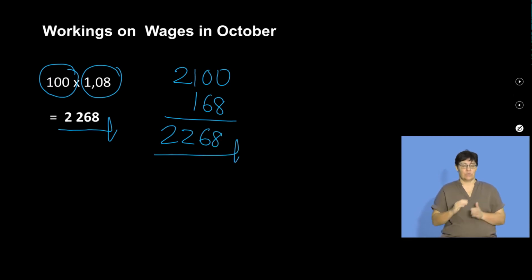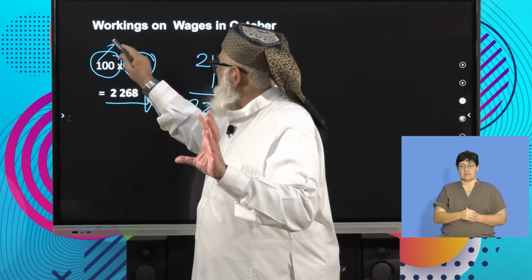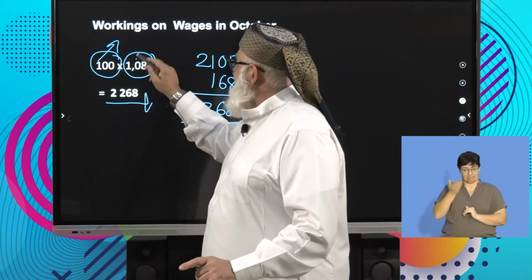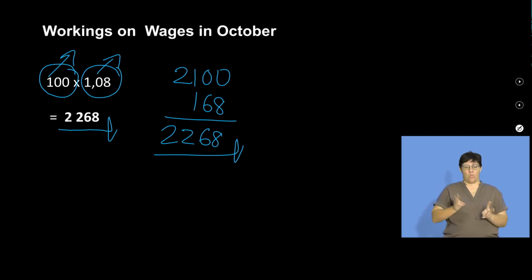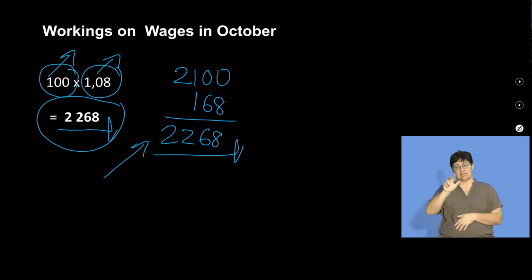So this becomes the new salary of your cleaner. As you can see, you take the old, which was 100% in terms of my calculation, plus the 8% increase. So that's just another way of doing it, but I've shown you on the calculator. You take the 100% plus the 8% will give you the new salary of your cleaner, which is 2,268. Okay.